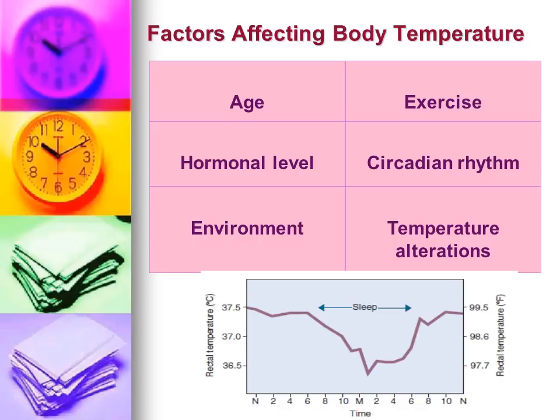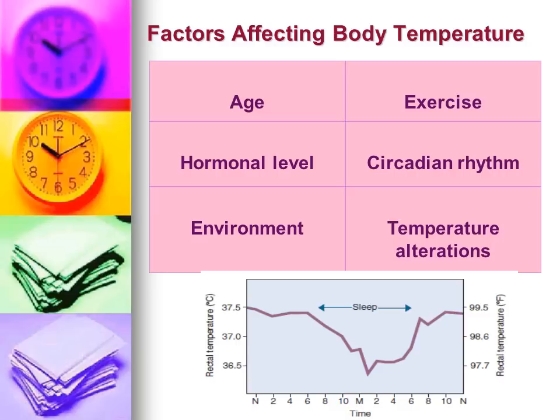Until a child reaches puberty, temperature regulation is unstable. Also note that it is not unusual for older adults to reach temperatures no higher than 96.8 degrees Fahrenheit.